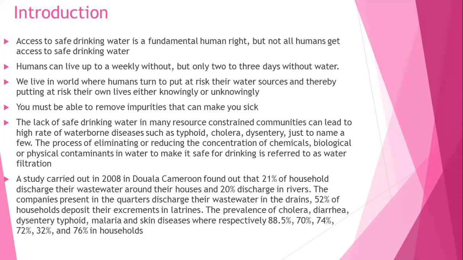In that case, if our water source is poor, we stand a higher chance of getting contaminated if we consume that water. So for us to be sure of our water source in communities where we don't have strong facilities to filter or treat our water, we ourselves must be able to come up with means we can use to treat these water sources.